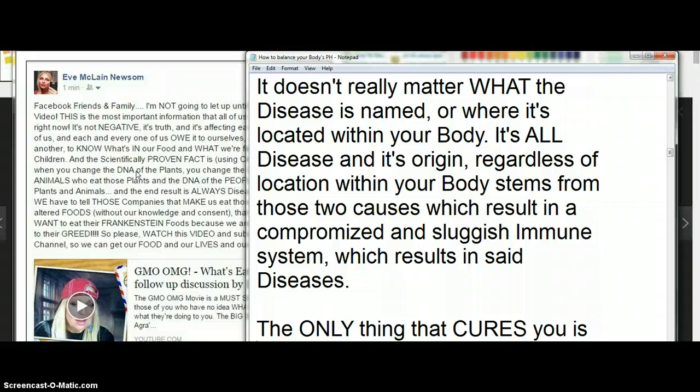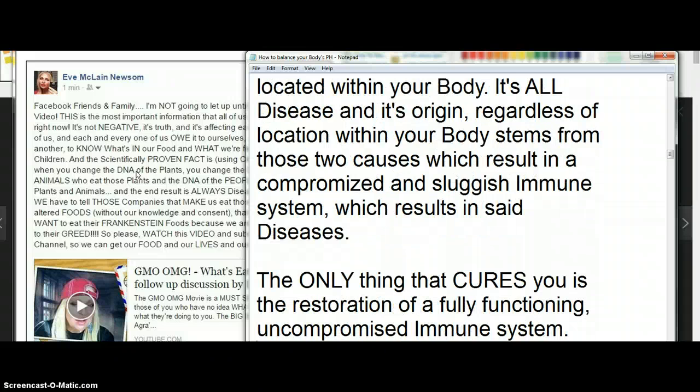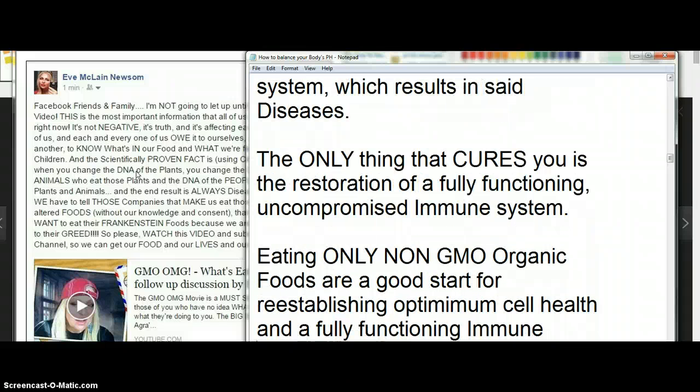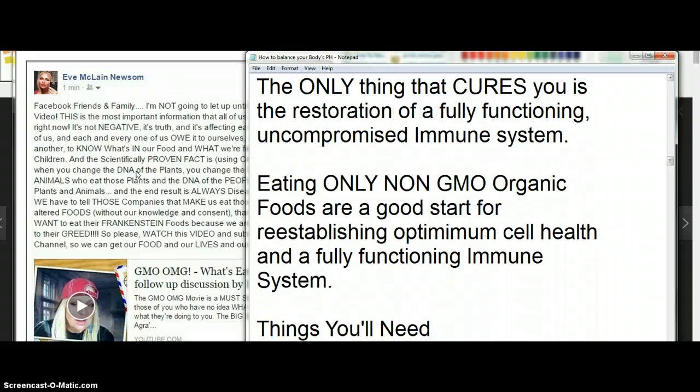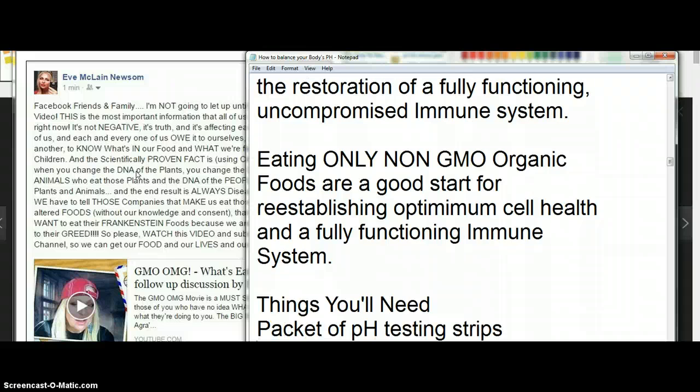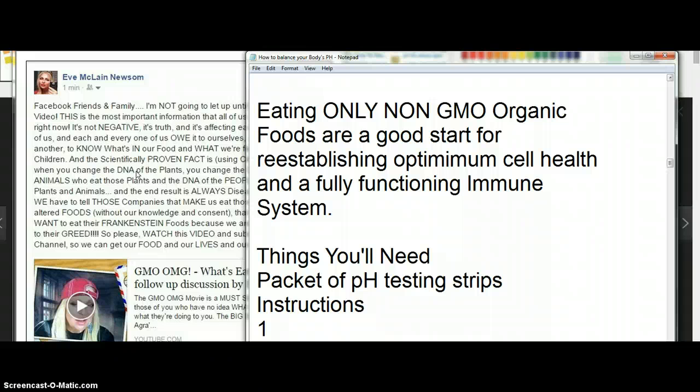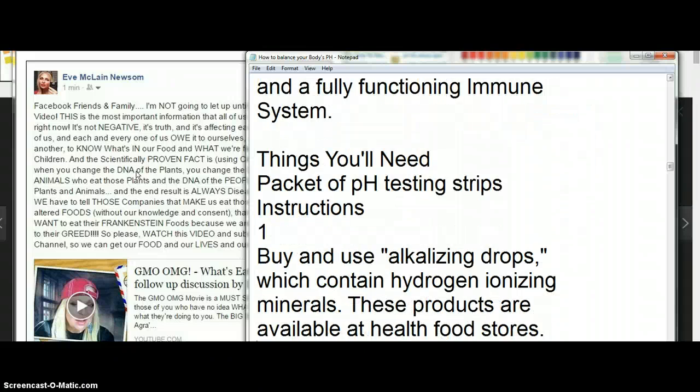It's all disease, and its origin, regardless of location within your body, stems from these two causes, which result in a compromised and sluggish immune system, which results in said diseases. The only thing that cures you is the restoration of a fully functioning, uncompromised immune system. Eating only non-GMO organic foods is a good start for reestablishing optimum cell health and a fully functioning immune system.